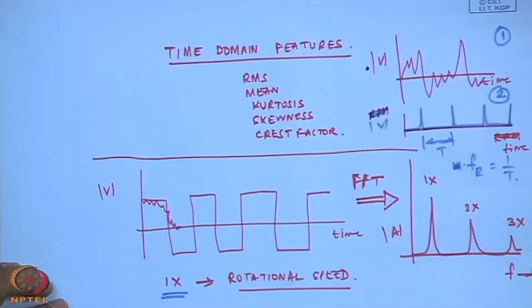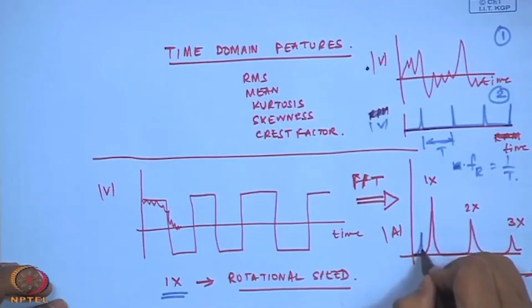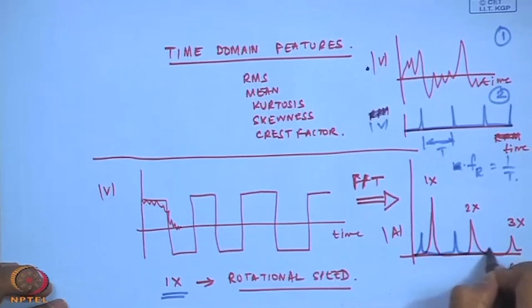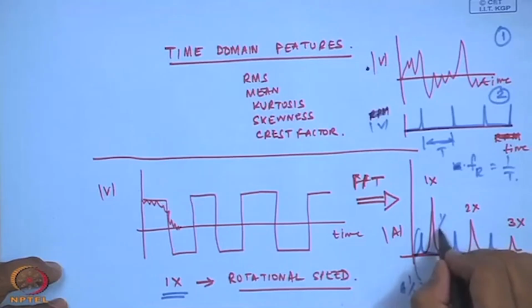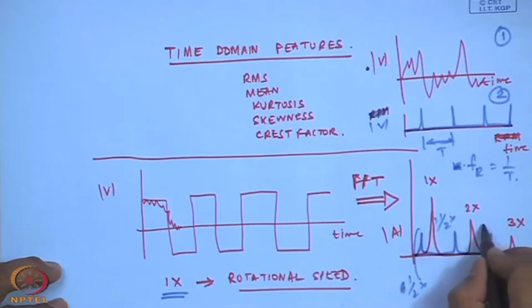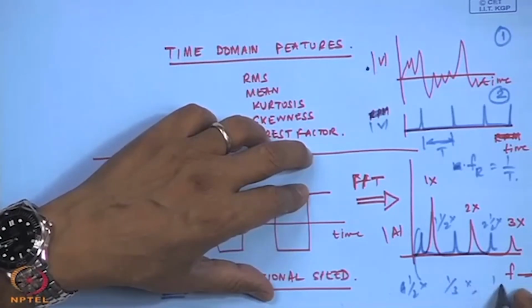But the characteristics of such signals in the frequency domain is that we will get harmonics along with a lot of fractional harmonics. Maybe 1/2 x, 1 and 1/2 x, 2 and 1/2 x and so on, and maybe even fractional 1/3 x, 1/6 x and so on.